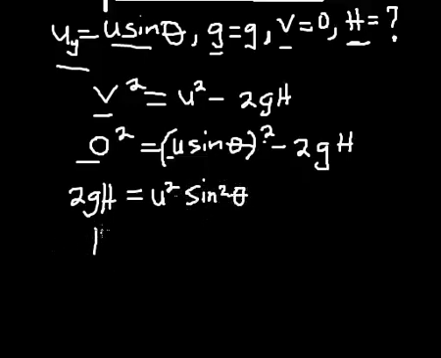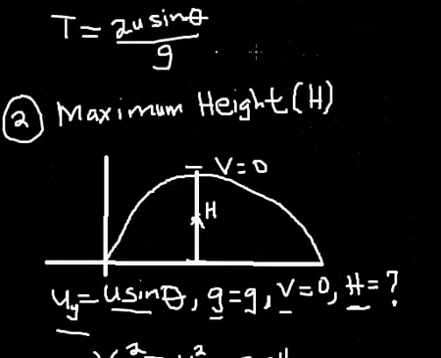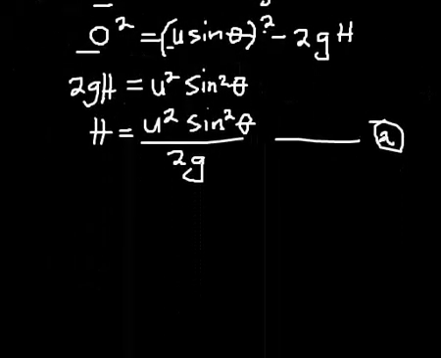So with what I have now, the h is going to be u square sine square theta divided by 2g. This is the second parameter you need to write down somewhere, that is for the maximum height of a projectile. Alright, so please take it down somewhere, it's necessary, we're going to use it.